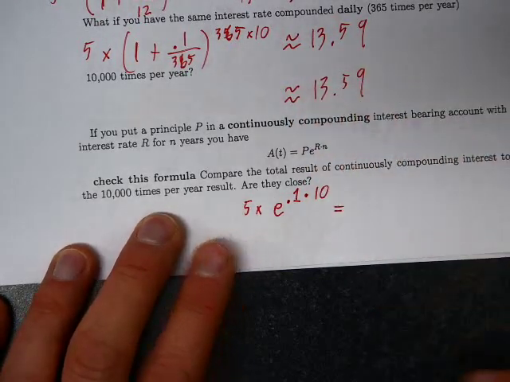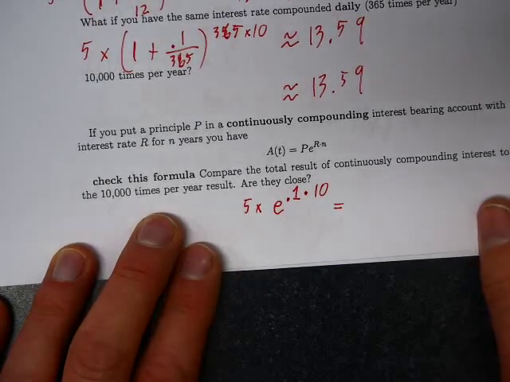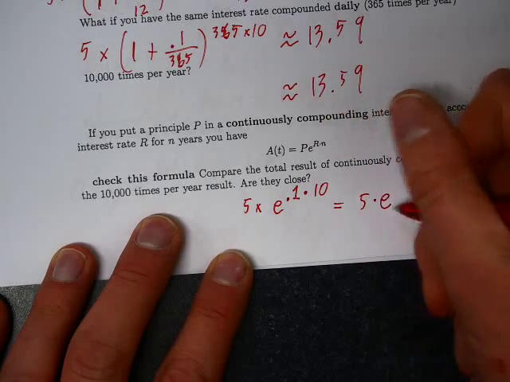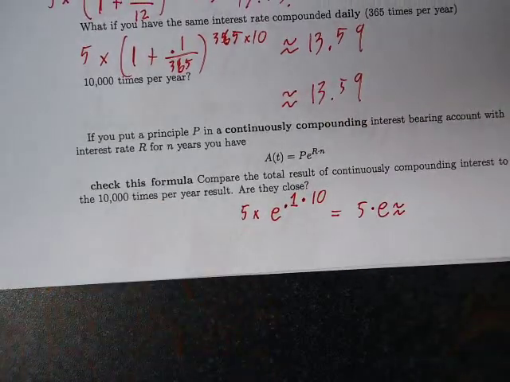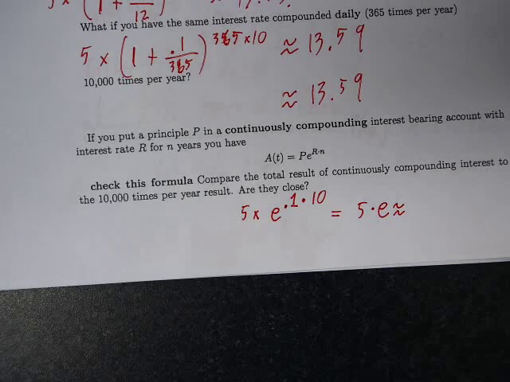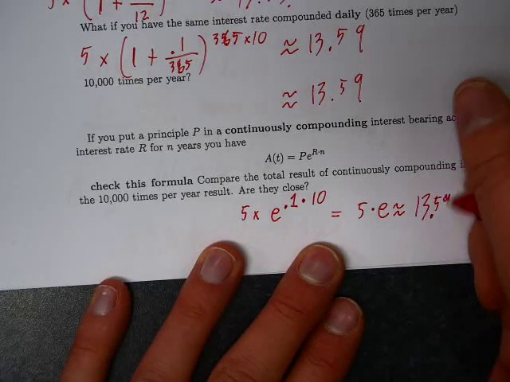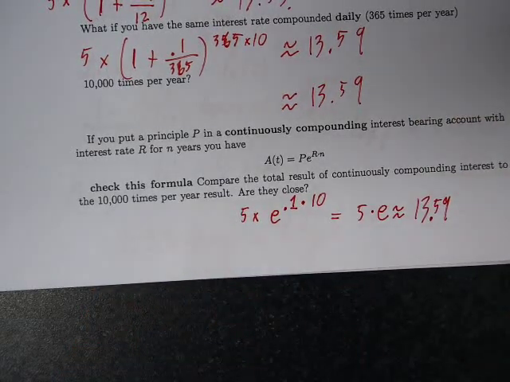So I guess you simplify that out. What's 0.1 times 10? 1. A tenth of 10 is 1. So it'll be 5 times e. And what is 5 times Euler's number e? 13.59. Cool. This formula does seem to work out correctly.